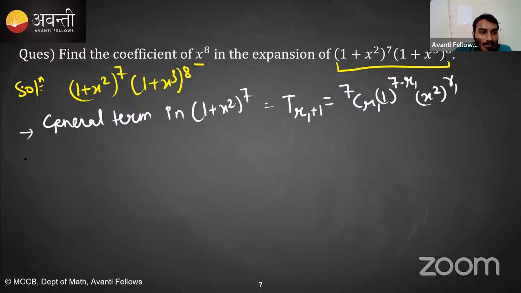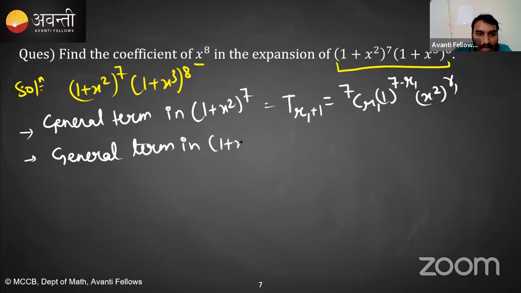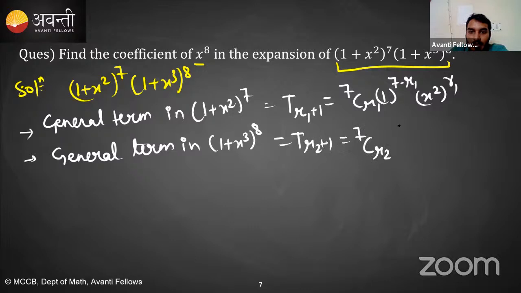Clear? Similarly, the general term in (1 plus x cube) raised to the power 8 can be written as T(r2 plus 1) is equal to 8Cr2 into 1 raised to the power 8 minus r2 into (x cube) raised to r2.